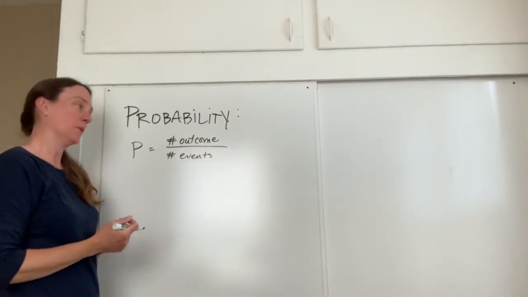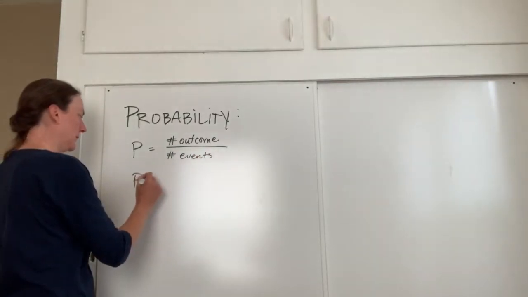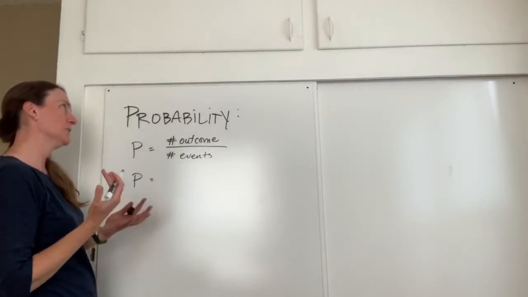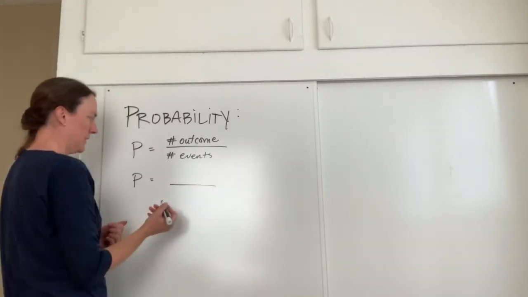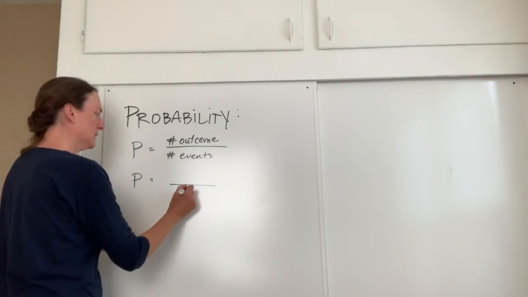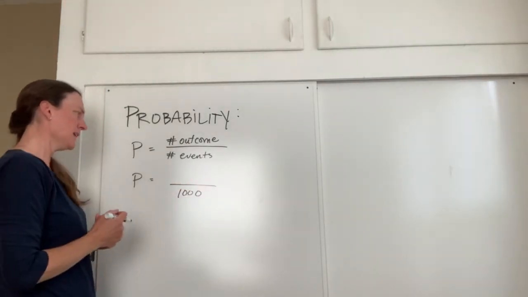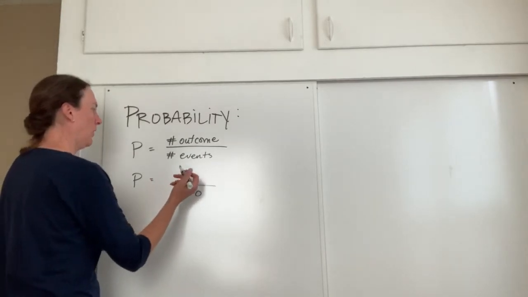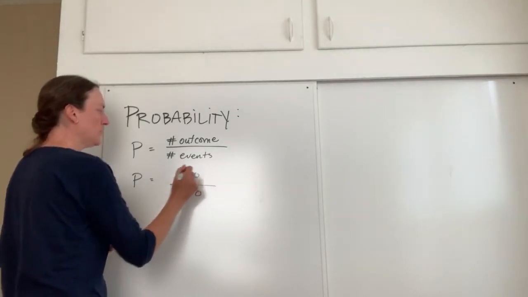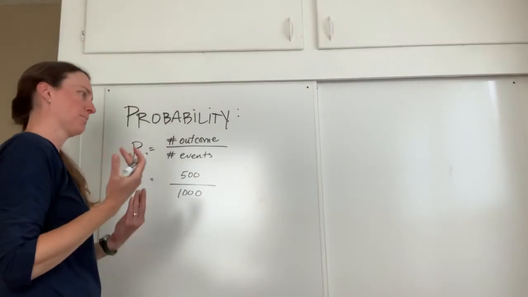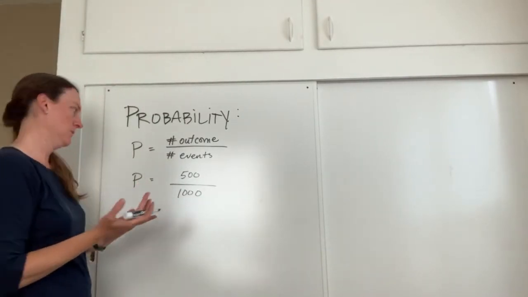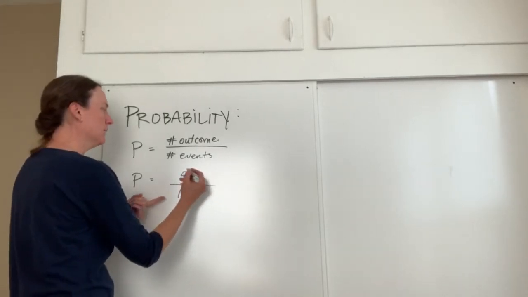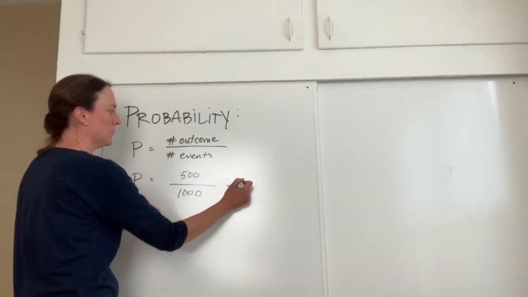So for example, say I watch something happen 1,000 times, and there were 500 times it was this particular outcome, then the probability of that outcome would be 500 divided by 1,000, or 0.5.